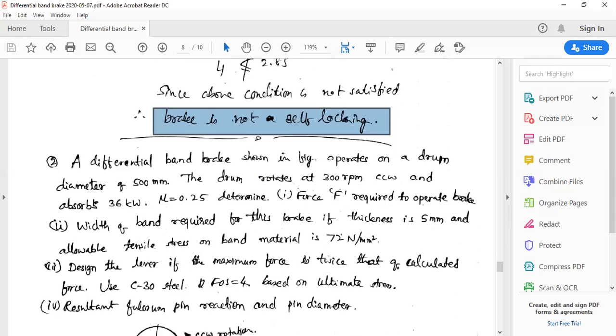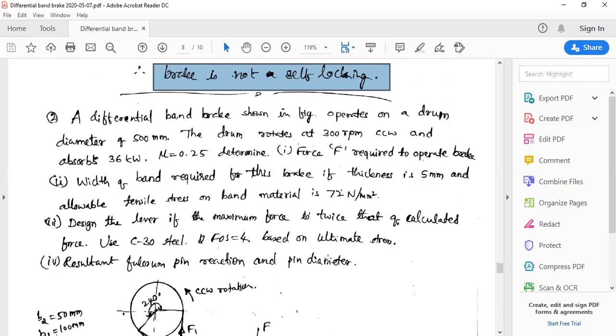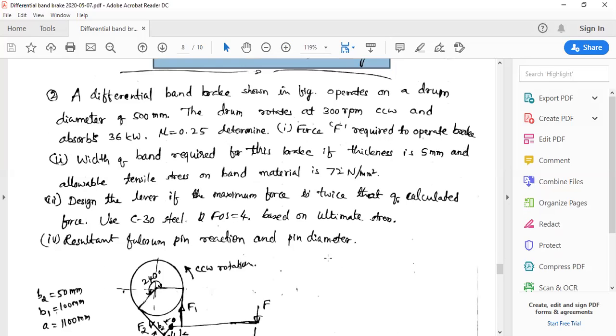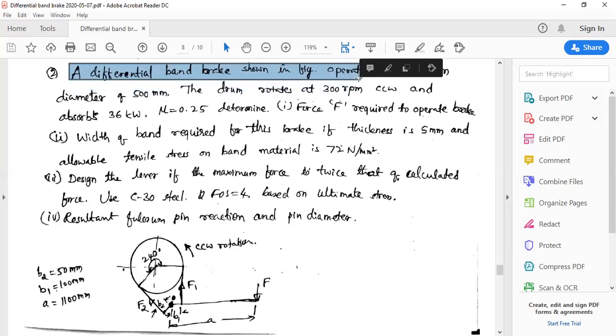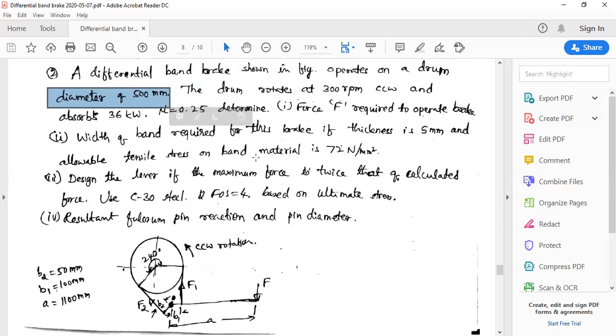And if I take another problem to be solved according to the procedure, this was also asked in one of the previous question papers. Here also the sketch is given for the differential band brake. With respect to this sketch, the drum diameter is 500 mm, and the drum rotates at 300 rpm counterclockwise, and absorbs 36 kilowatt of power, and mu is 0.25.